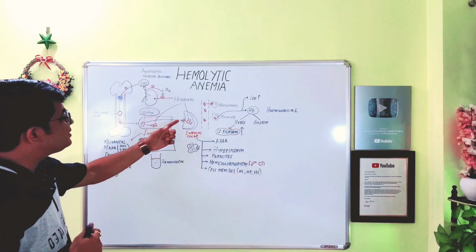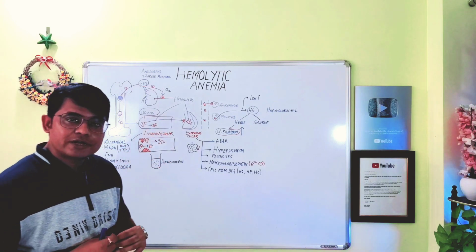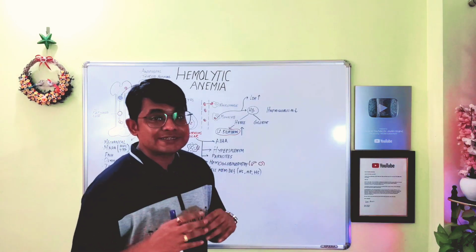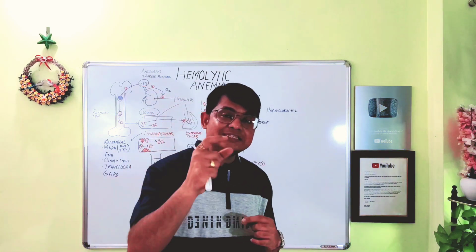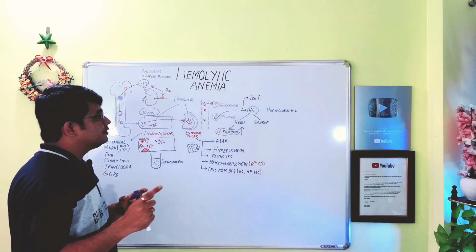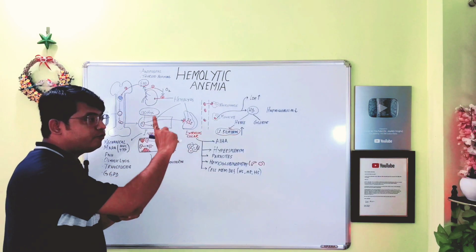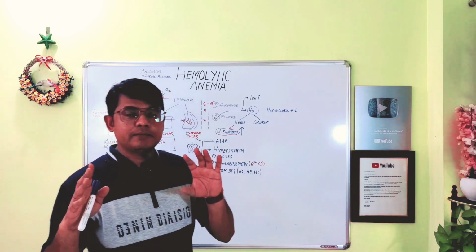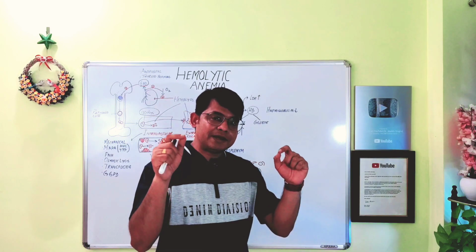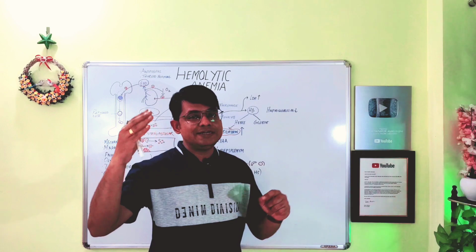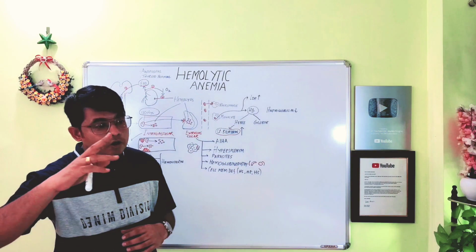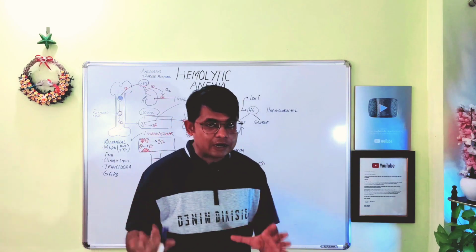So in spleen there are a lot of macrophages, in liver there are some macrophages, and these macrophages usually target the old aged RBC and destroy them. But before destruction, mature RBC stays in the peripheral circulation for almost 120 days. This is the normal cycle of RBC.